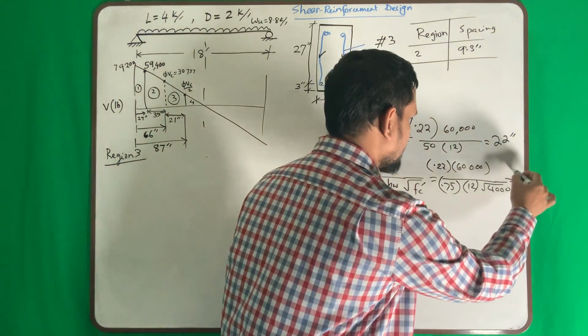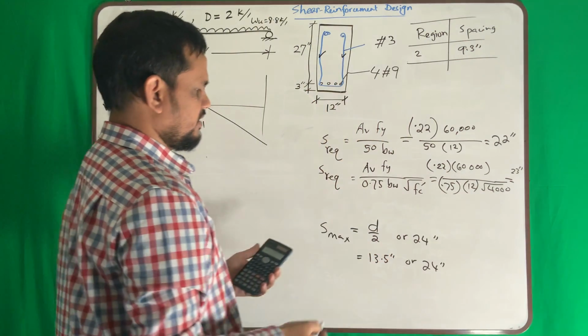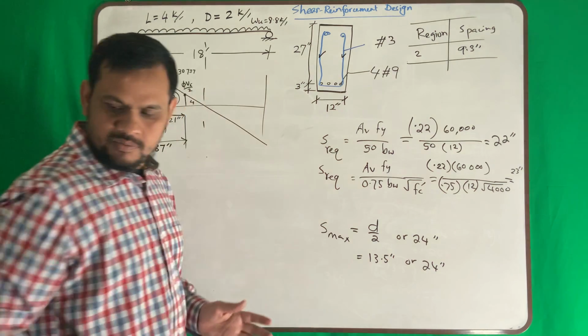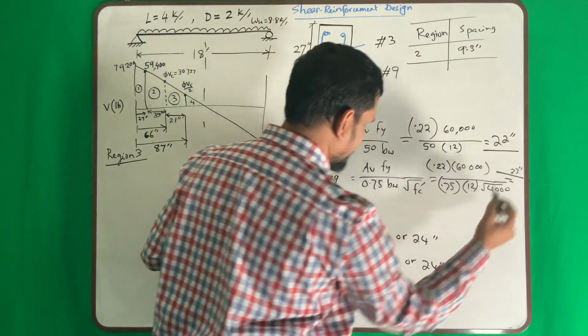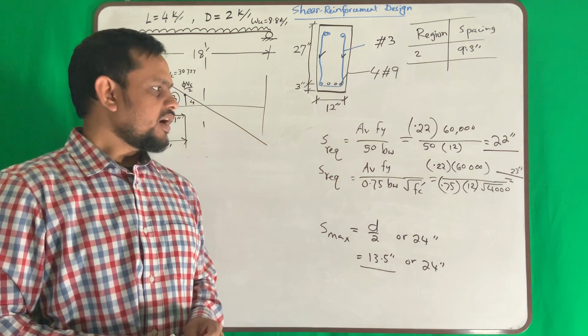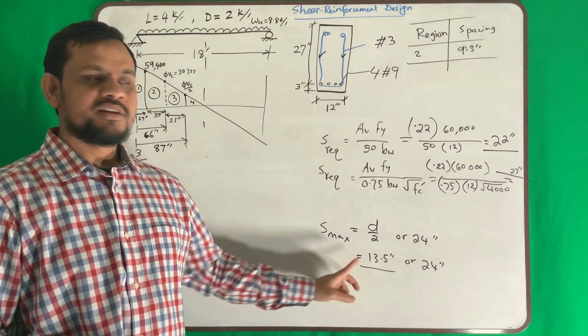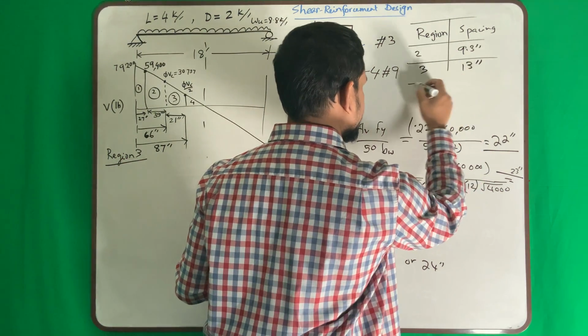I got here 23 inch something. Okay, so for reason number 3, what distances did I get? 22, 23, 13. So which one will I consider? 13. It is the minimum. So for reason number 3, I got 13 inch.